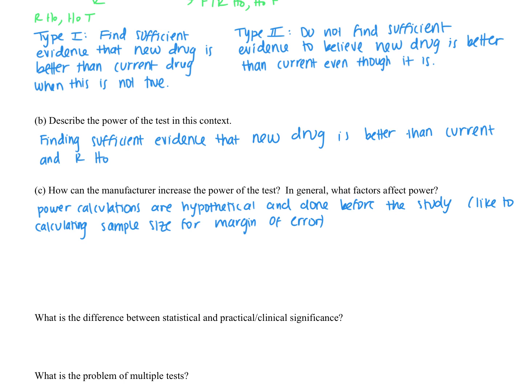Okay, there are 3 factors that affect power, 2 of which are the most practical. The first one is a bigger sample. And the why behind that is if you have more data, you are more likely to make the correct decision.